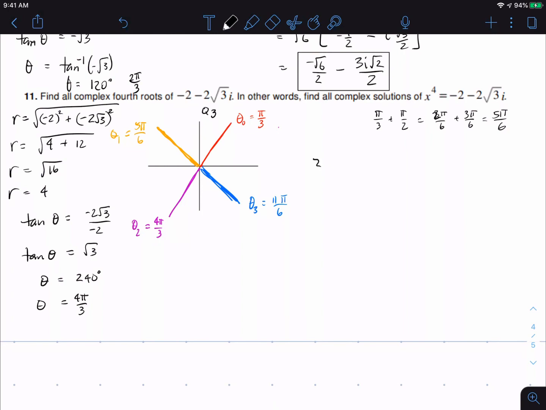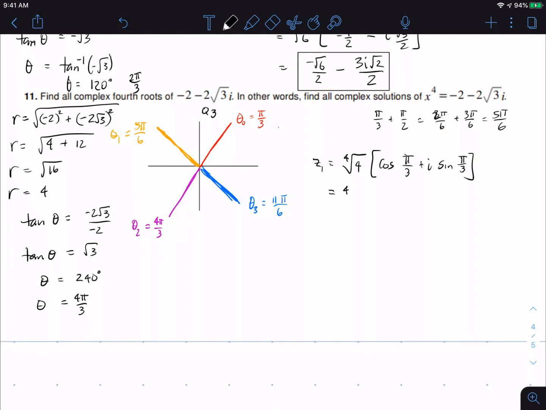So z1 is going to be the fourth root of 4, right? Because it's the fourth root of that. The fourth root of 4, then cosine of pi over 3 plus i sine of pi over 3.